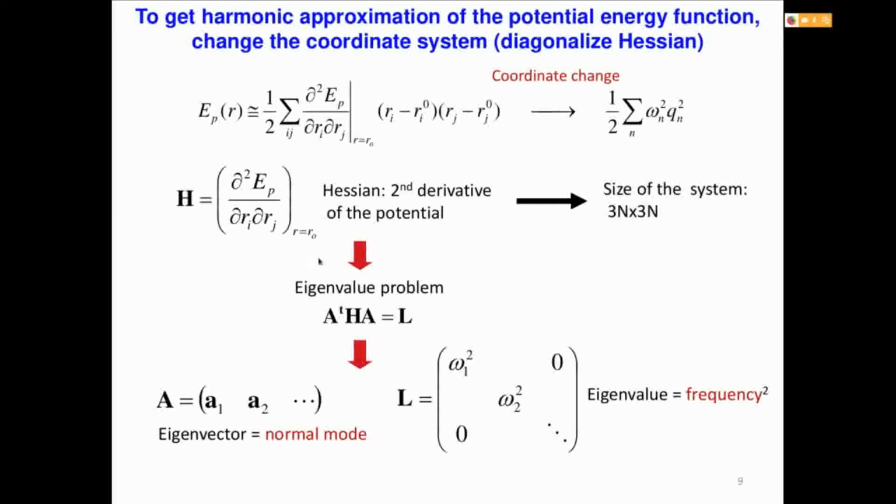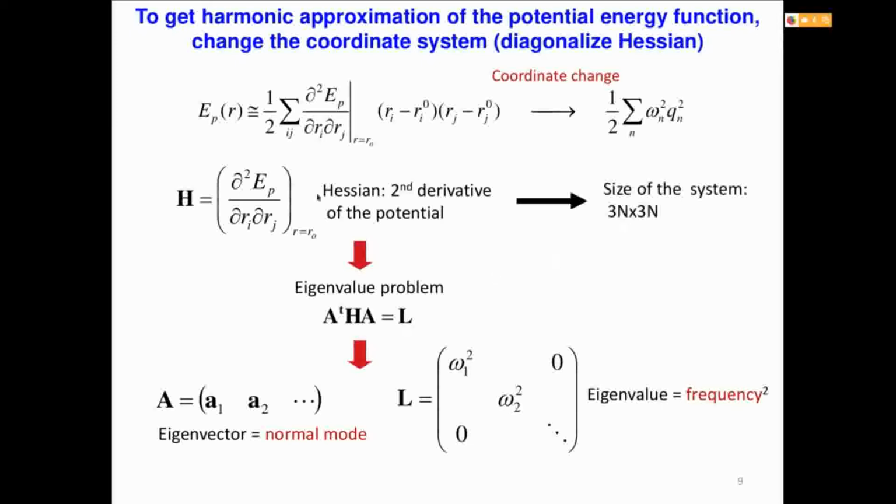This diagonalization is actually done through a solution of an eigenvalue problem, and the normal modes are obtained as the eigenvectors of the Hessian matrix. They are the columns of this matrix A, and the square frequencies are the eigenvalues of the matrix H. They are the diagonal elements of this matrix L.